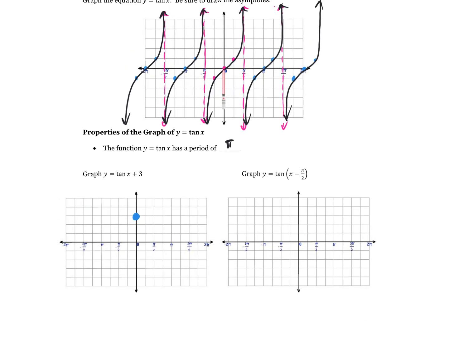And look at what we did before. Here is my origin. I had a point up and to the right and down and to the left. I had these 3 points. So wouldn't my other 2 points on my tangent graph, one's above and one's below like that? You down with that? So we still have, in this case, our vertical asymptotes at every pi. It just took my tangent graph and we shifted it up.